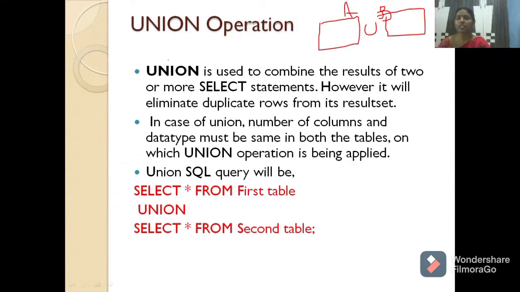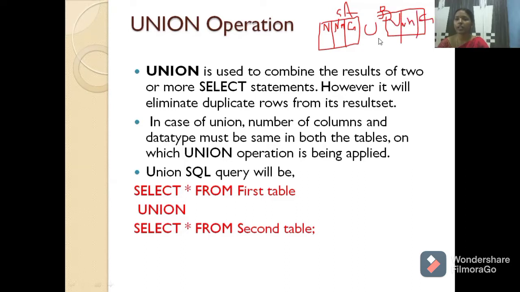Clear? Now, here you have a condition that for whatever set operators you use in SQL, these two tables must have the same type of columns and the same number of columns. That is what we call union compatibility. Union compatibility means, consider this student table A has number, name, and group. This one also has number, name, and group.